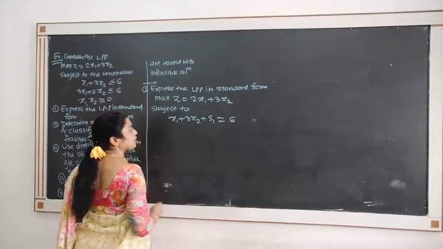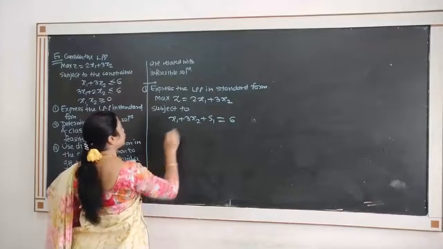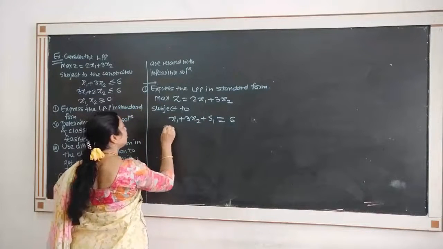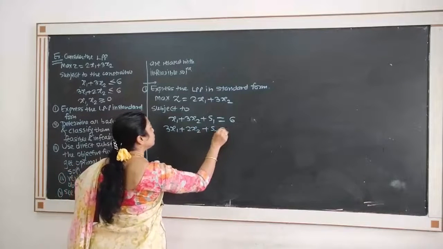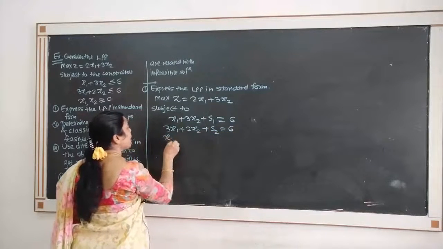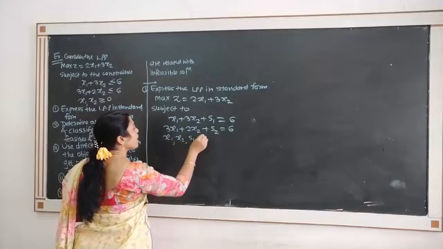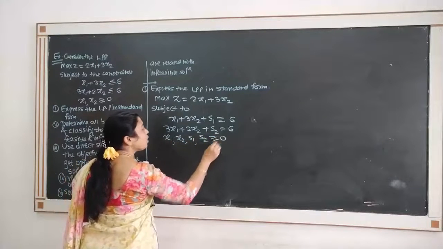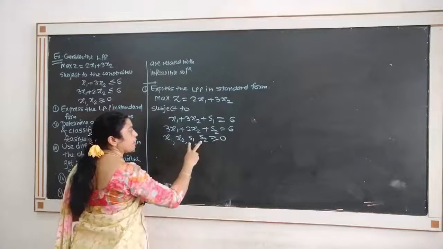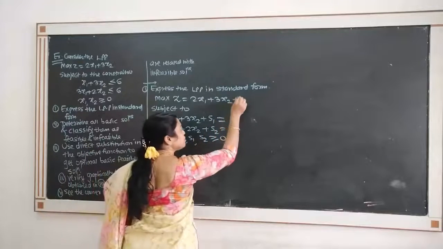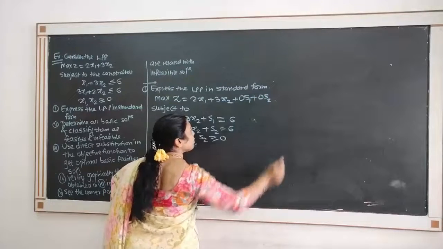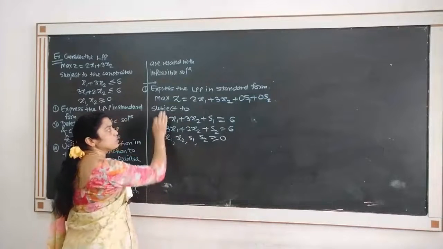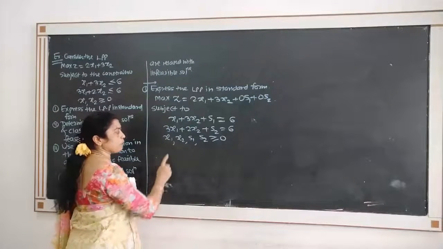We add slack in the first inequality to get an equality, and the second, 3x1 plus 2x2 plus s2, equals 6, with x1, x2, s1, s2 all greater than or equal to 0. Then we assign 0 coefficients in the objective function to the variables s1 and s2. So this is our standard form of LPP.